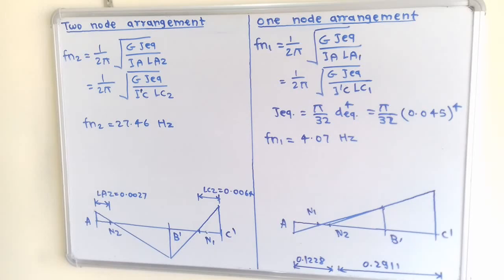So here for LA2 we have to use 0.0027, and I_A, that is the mass moment of inertia for the rotor A. Now if we take the second formula, then LC2 we have to take 0.0064 and I dash C, that is the mass moment of inertia for the rotor C dash. So Fn2 is equal to 27.46 Hz.